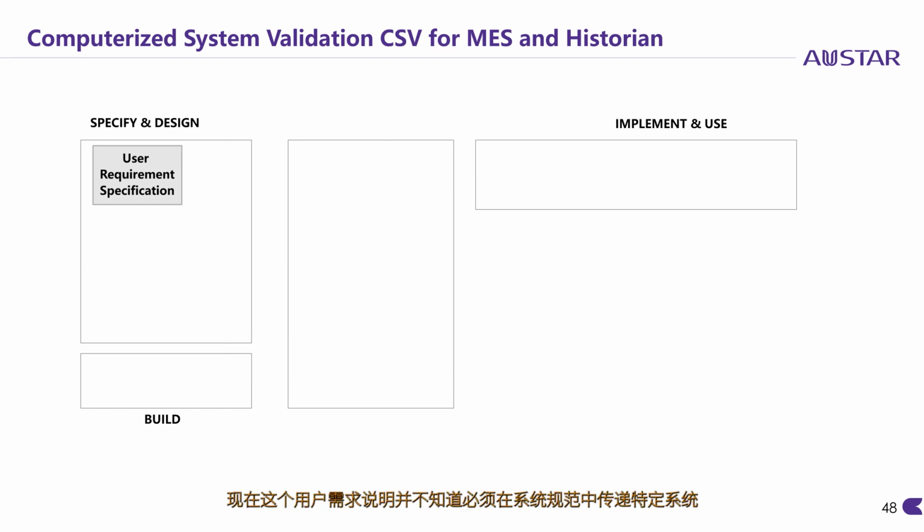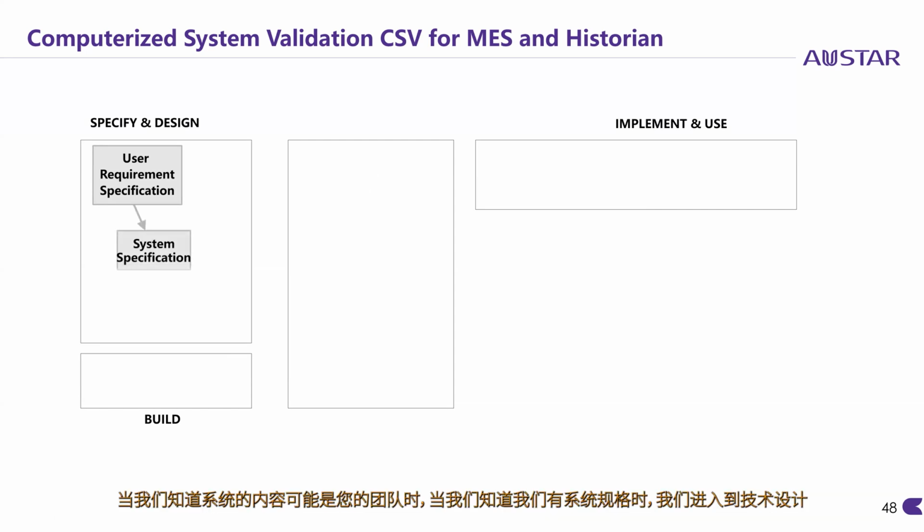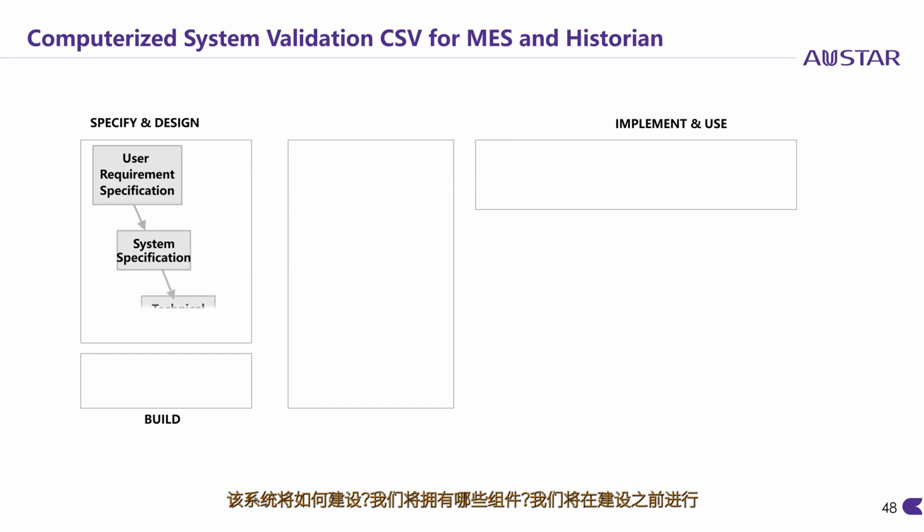Now, this user requirement specification is typically unaware of a specific system, so it has to be transferred into a system specification when we know it's for system A, B, or C. Then, when we know we have the system and we have the specification, we turn it into a technical design.